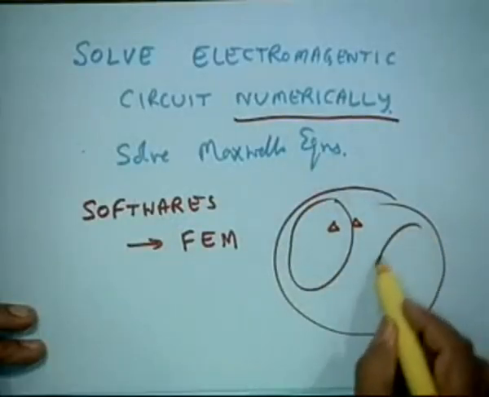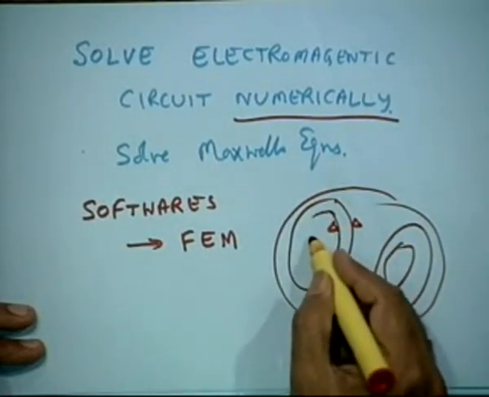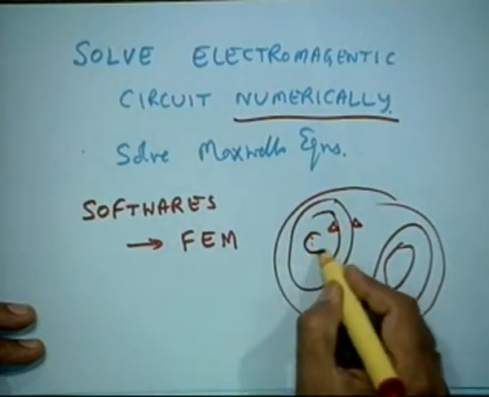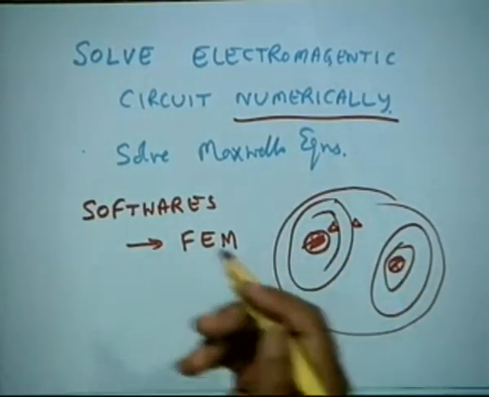Now if by FEM you discover that there are some portions where there is less flux or no flux, you can make a hole there. So you can save the material. Supposing the flux lines are going somewhere like this only, right? I am just giving an example. So there are no flux lines here. So you can just make a hole here, maybe somewhere a hole here. You can save materials.